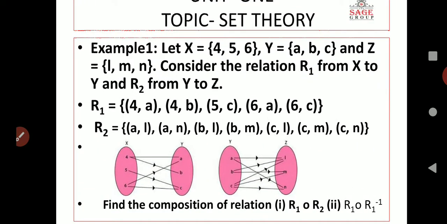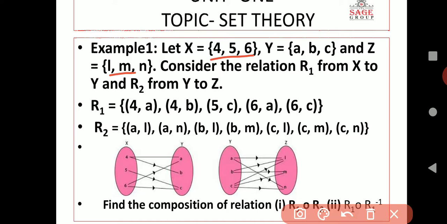For example, suppose we have three sets: X with elements 4, 5, 6, Y with the elements a, b, c, and Z with the elements l, m, n.